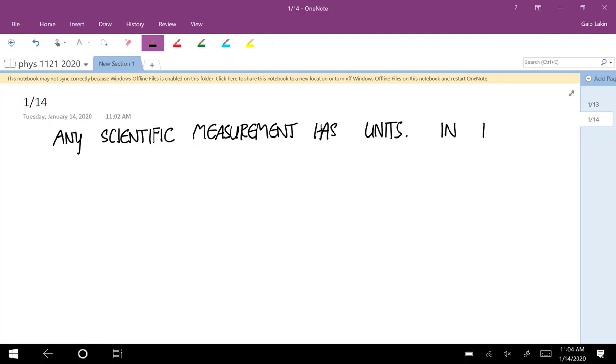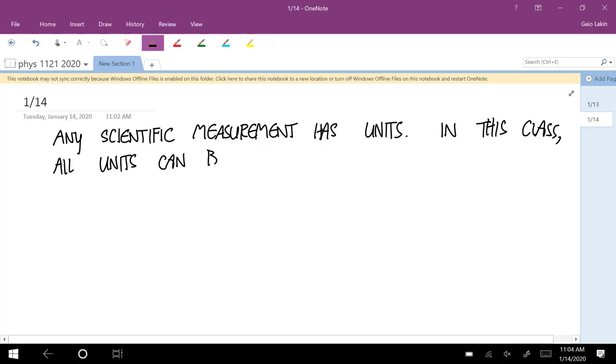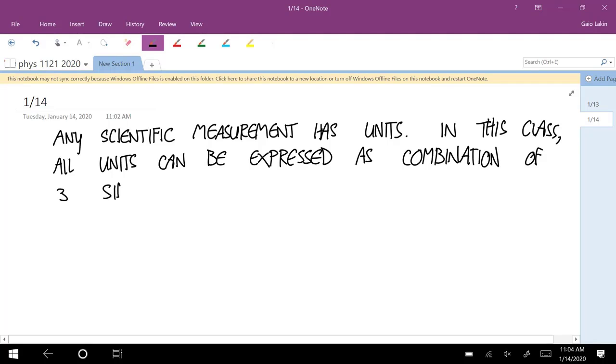But in this class, all units can be expressed as a combination of three simple types.